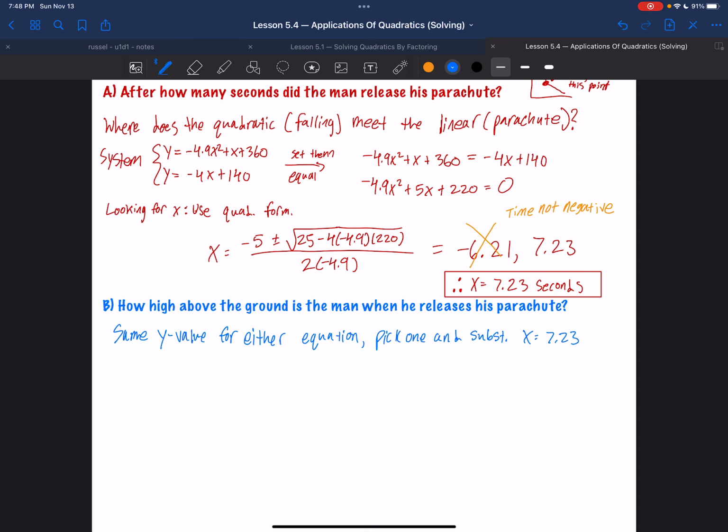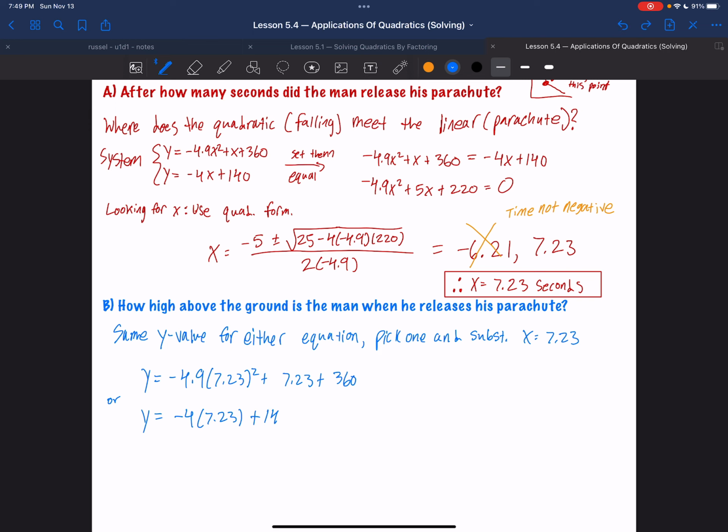They should meet at that time, so you can pick whichever one. Say y equals negative 4.9 times 7.23 squared plus 7.23 plus 360. Or you can say y equals negative 4 times 7.23 plus 140.